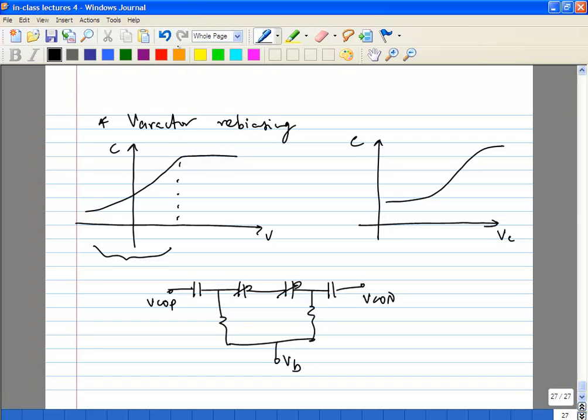What you're interested in is this delta V across the varactor only. So your VB can still be positive and shift this curve. This comes from VC, which is always between 0 and VDD.